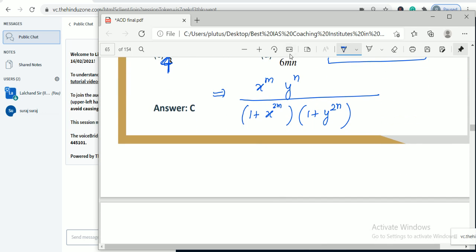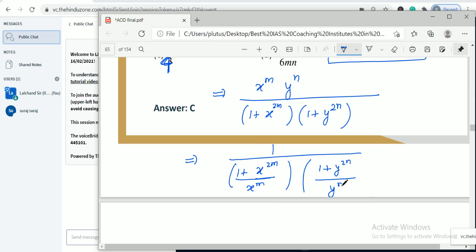If we divide numerator and denominator by this value, we finally have 1 upon x to the power 2m divided by x to the power m, 1 plus y to the power 2n divided by y to the power n.